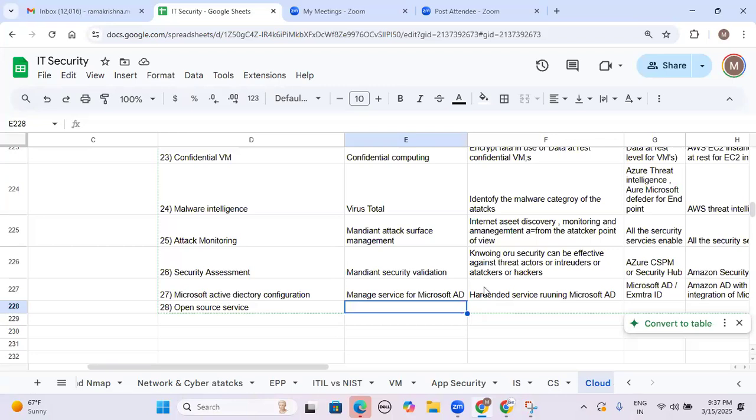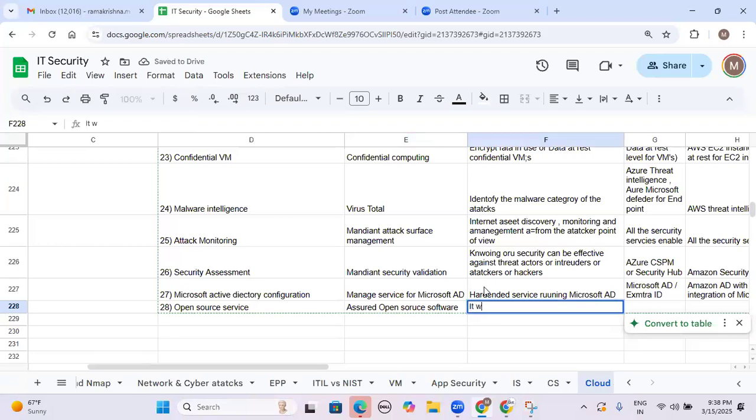So that's why this one is a very, very important service. That is called open source service or managed open source software. Why can we call it managed? We can go and use it in the GCP. What it will do?